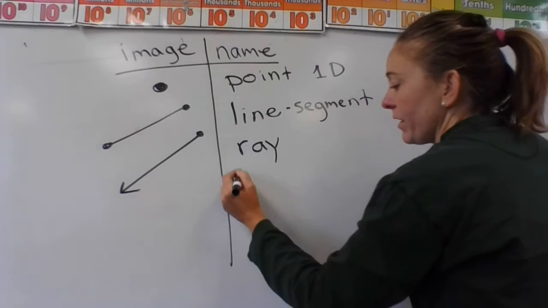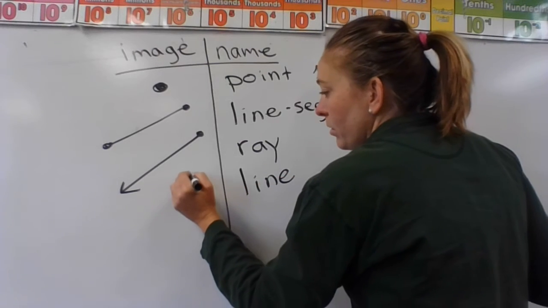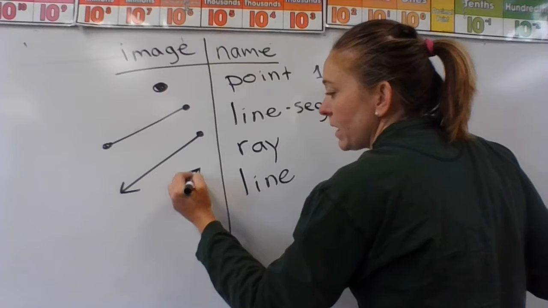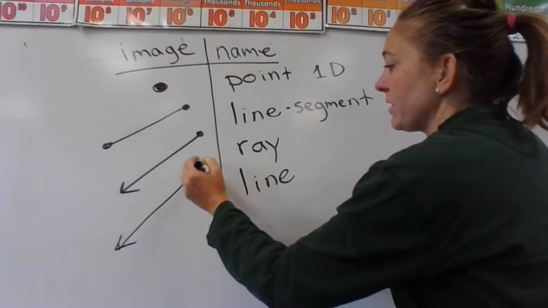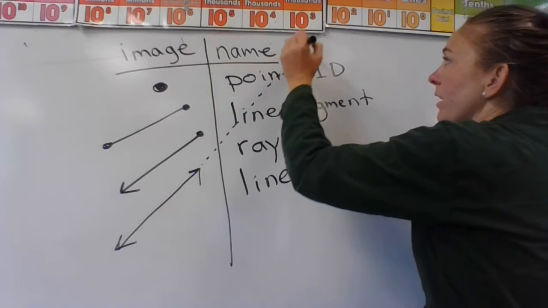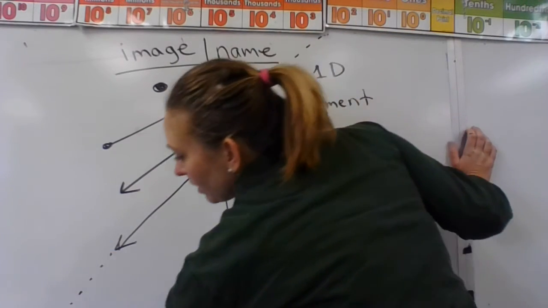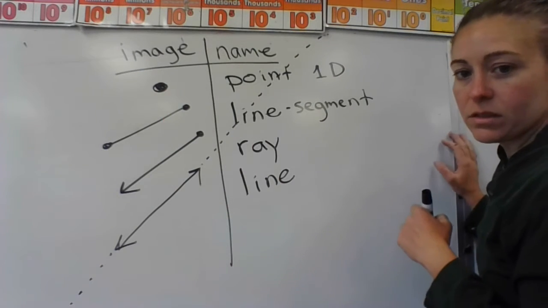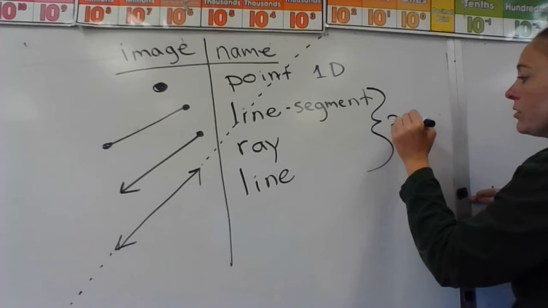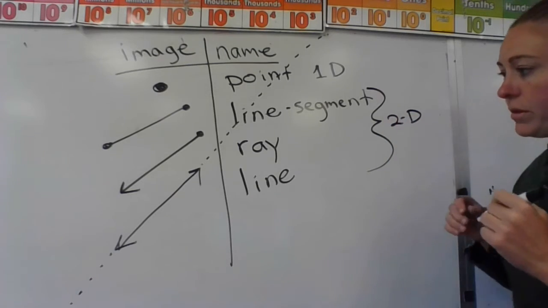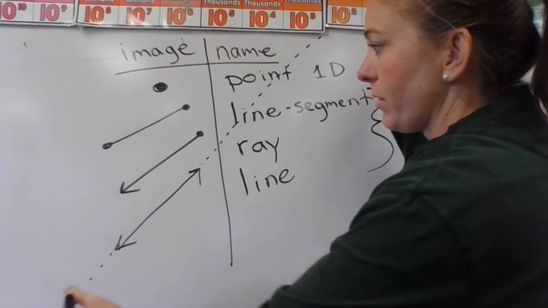And then we have a line, and a line has arrows on both ends. You could say there's points there, but we draw arrows. So a line goes forever and ever. It's like this line just kept going and going, up on the board over here, and down this way forever, and it never stopped. And these three right here are all two-dimensional, or 2D, because you have not just the point, but you've got it going in both directions.